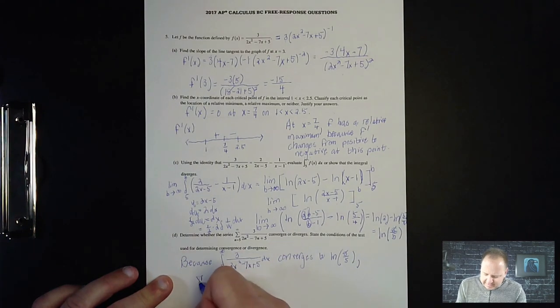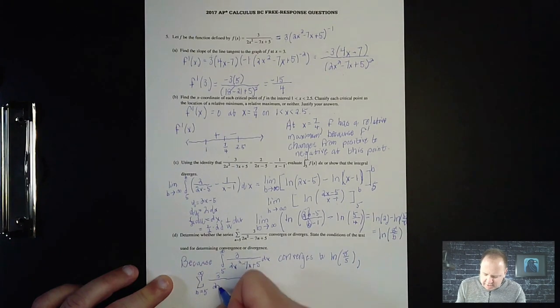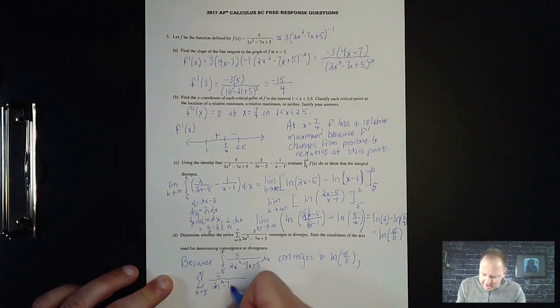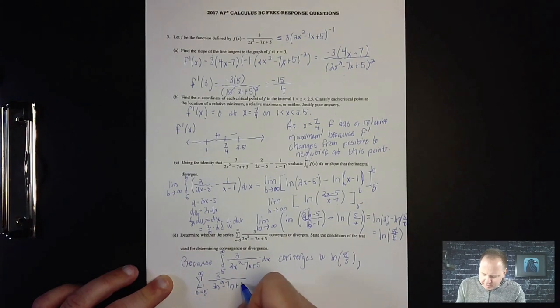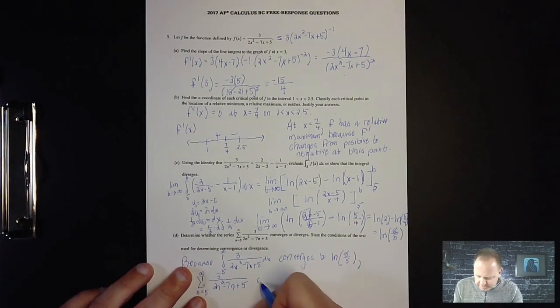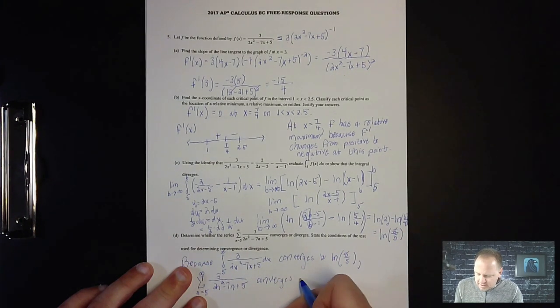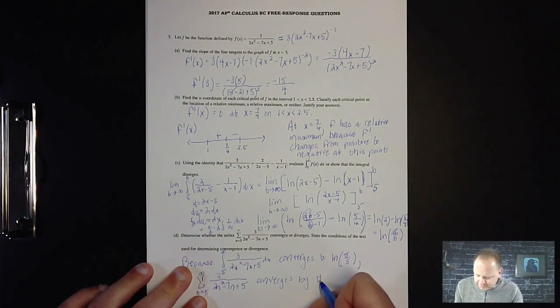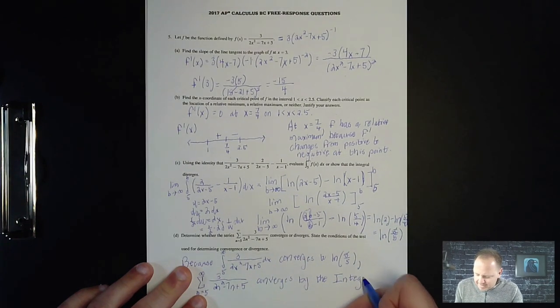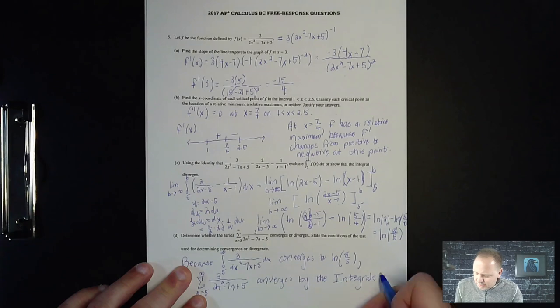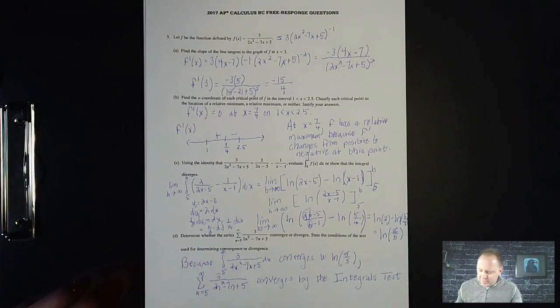That means that the sum as n equals 5 to infinity of 3 all over 2n squared minus 7n plus 5 converges by the integral test. We proved it. That's what we did there. And an integral test would help you set up your harmonic p testing, right?